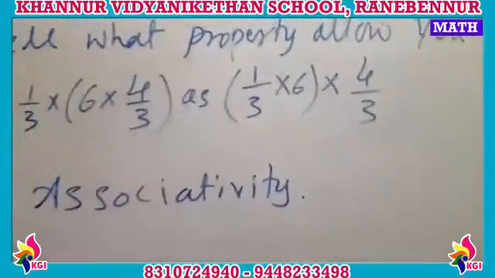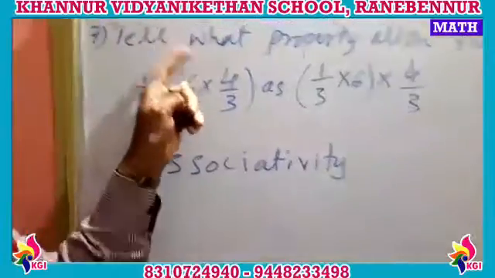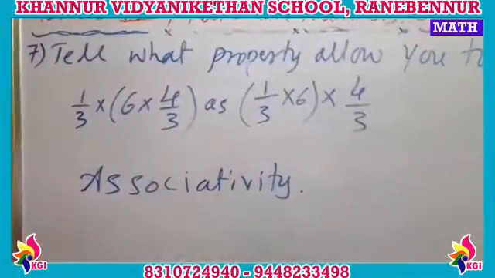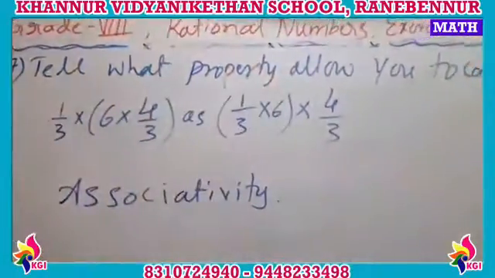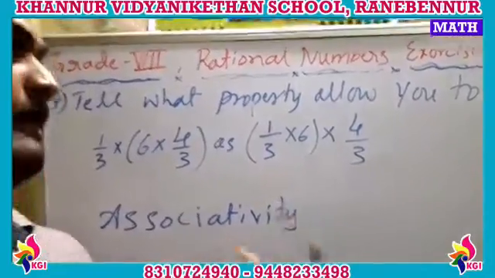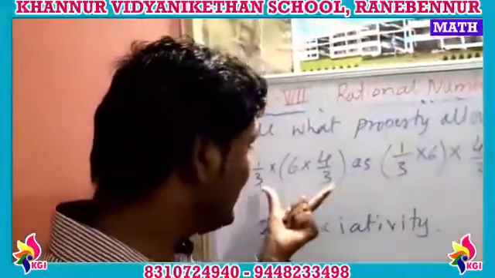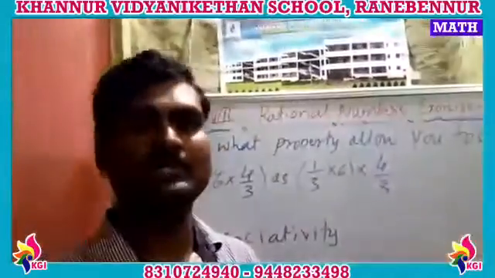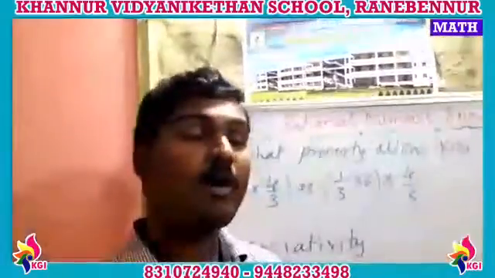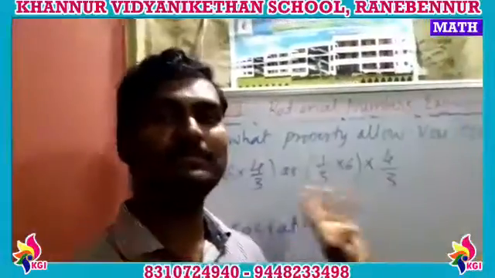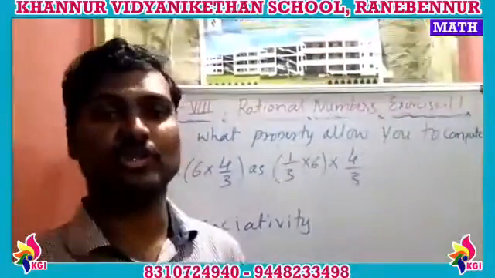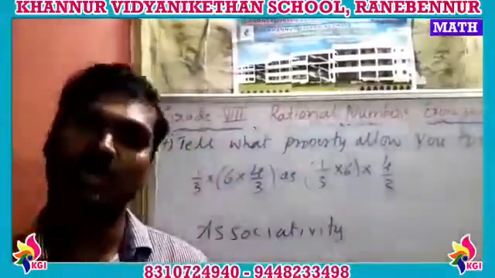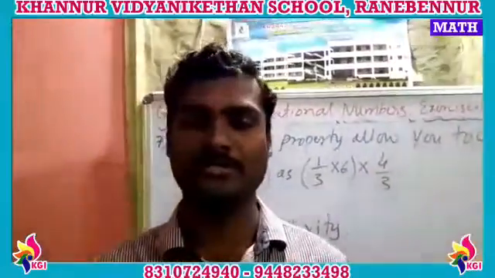They have said to tell it, not orally, you have to write it. Tell what property allowed. This associativity property allows us to compute this one like this. It means A of B into C is equal to A into B of C. In that way it is mentioned. Like this, many problems have been solved in your earlier classes, right? So according to that we have gone here. Okay, children.